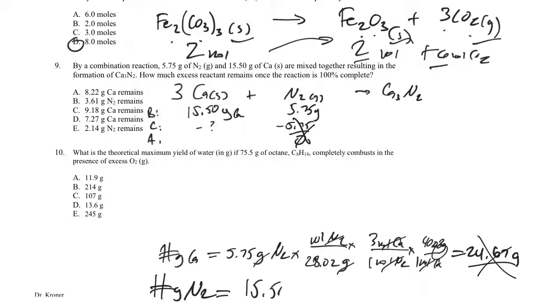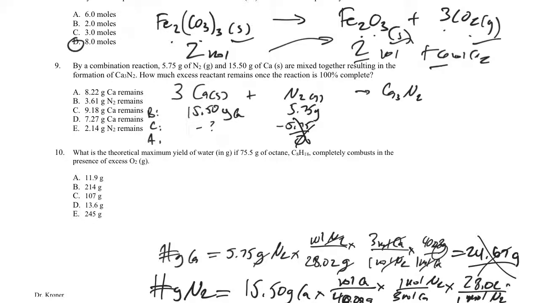So we take 15.50 grams of calcium, divided by 40.08 grams per mole of calcium. For every 3 moles of calcium that are consumed, we can react with 1 mole of N2, 2 nitrogens, so that's 28.02 grams.